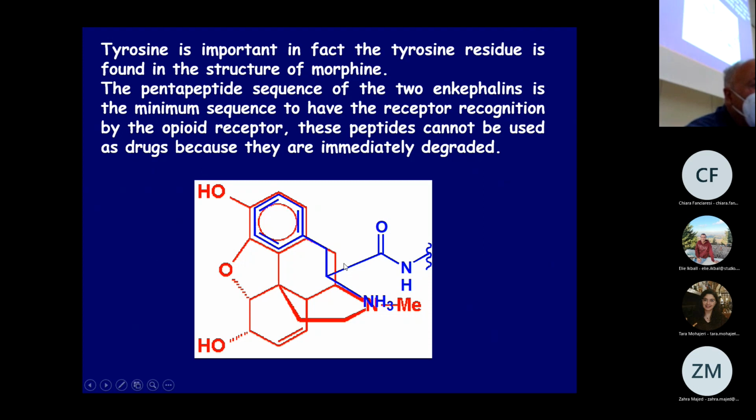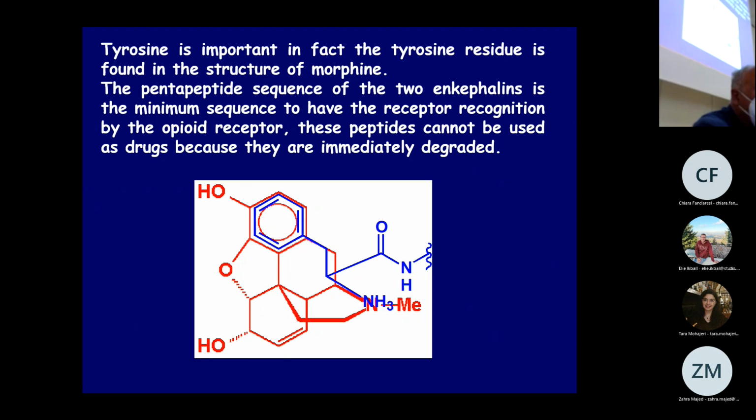You can see a complete overlap of the tyrosine residue on the chemical structure of morphine. Inside the morphine, we can see the phenolic group with the aromatic ring, and then we can see once again the basic residue of tyrosine.